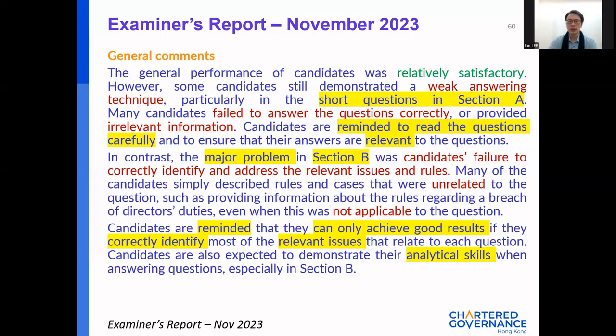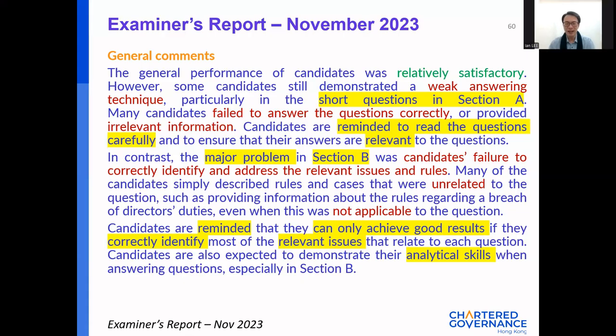Okay, so that's why I said it is important first to work out what are the main issues or sub-issues you need to discuss to answer that question. Once you have done that, higher chance the rules you use or explain will be more relevant to answering the question. So sometimes I see some students for company law, every question they think is director's duties.